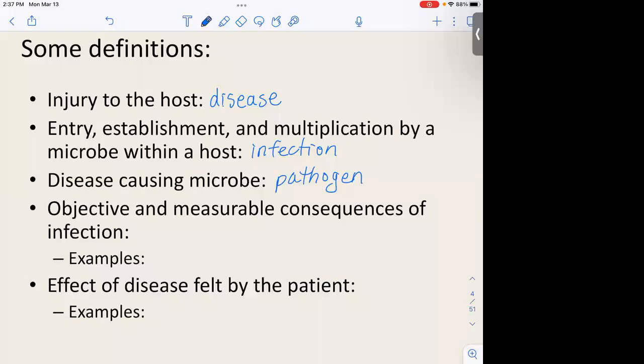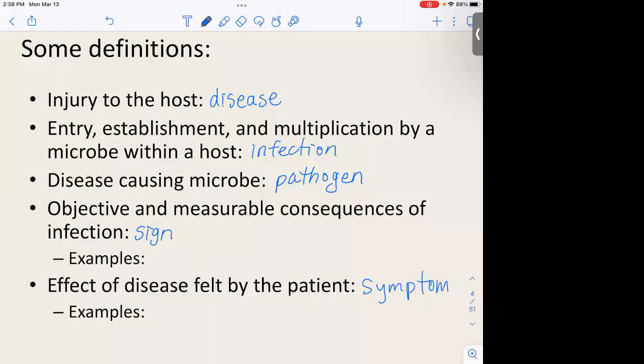I noticed places in your book that haven't used those two terms accurately. So either it's a loose designation or we just make a mistake very often. But all right, an objective and measurable consequence of infection, we would correctly call that a sign, and then an effect of disease felt by the patient is a symptom.